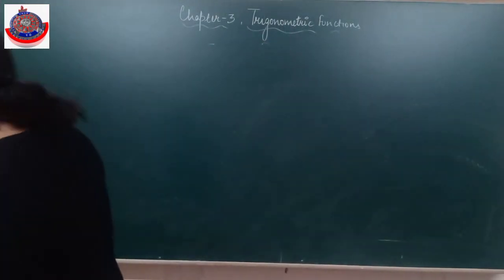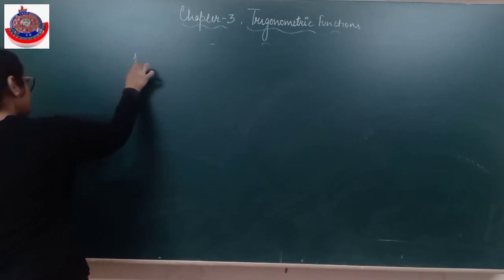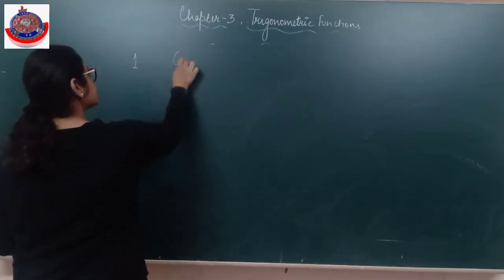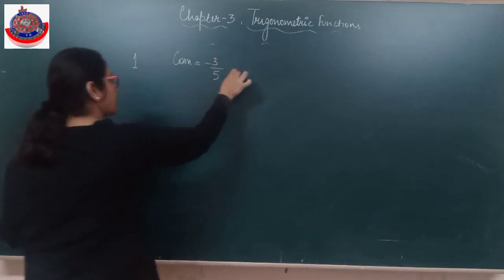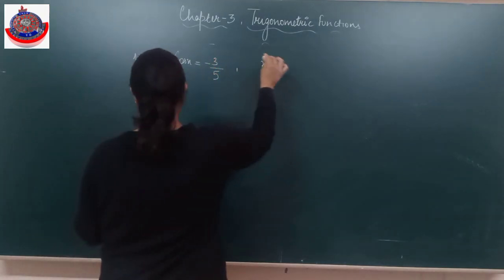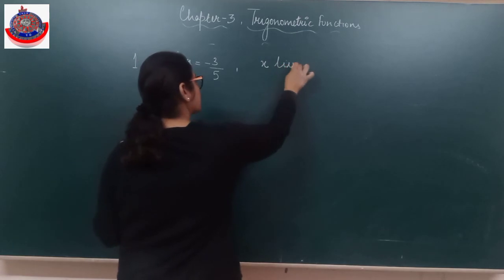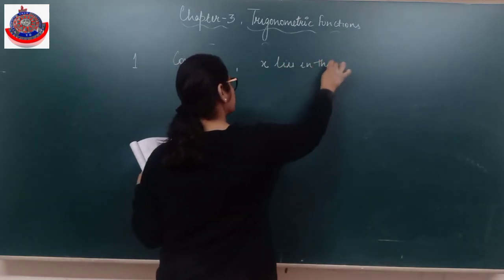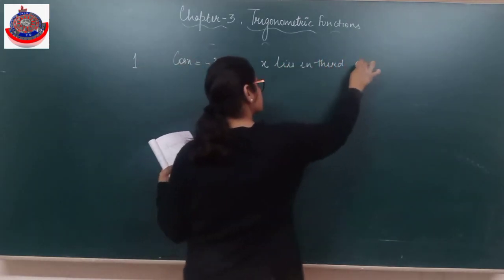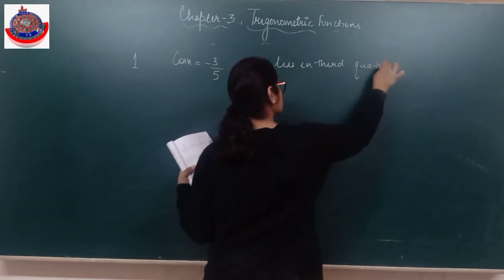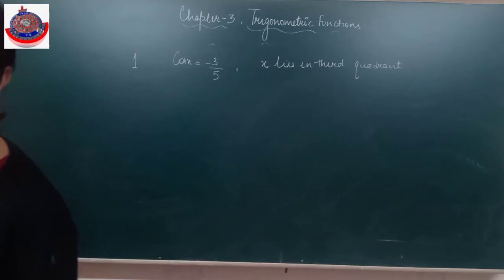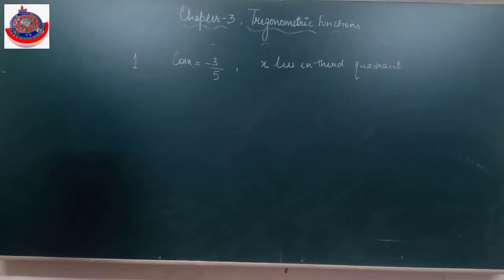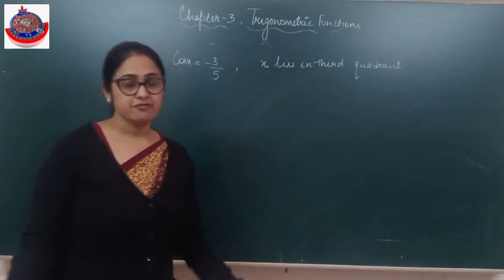Let's pick up one. Suppose cos x is minus 3 by 5 and this x lies in the third quadrant. Find the values of the other 5 trigonometric functions.